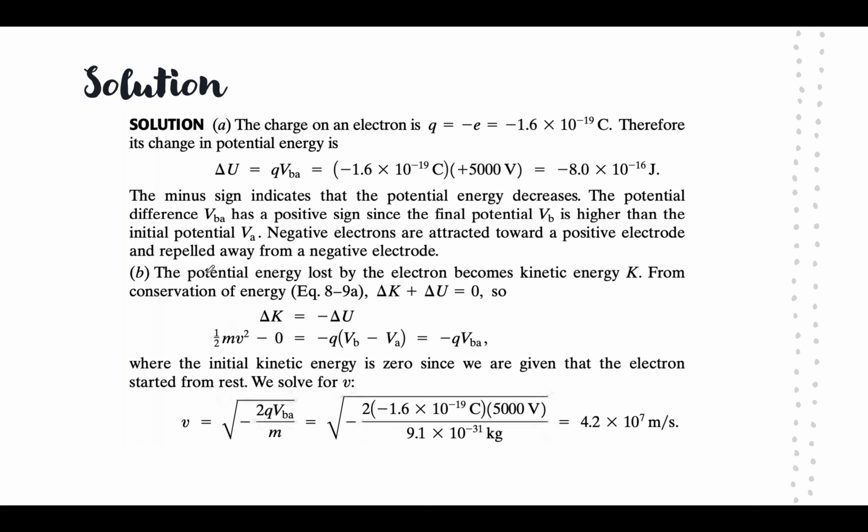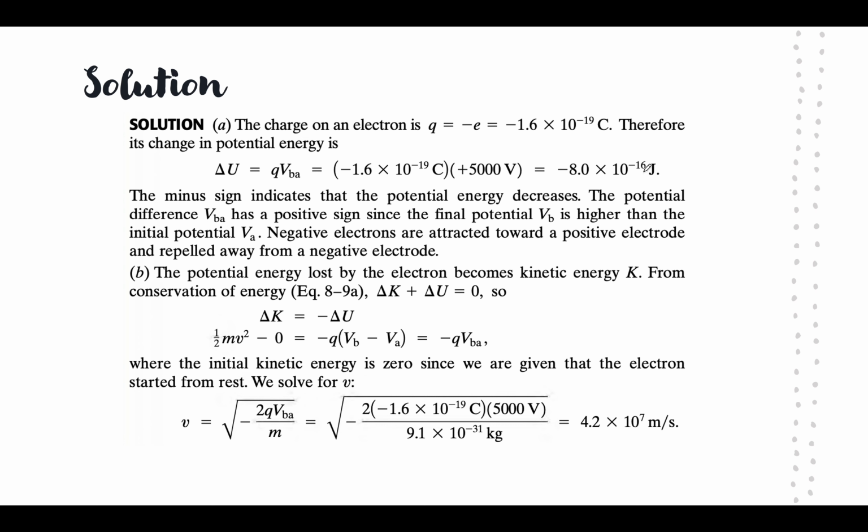Now to solve B, we need to find the velocity of the electron. To find the velocity of the electron, we need to find its kinetic energy. So the loss of potential energy becomes the gain in kinetic energy. So how much potential energy did you lose?